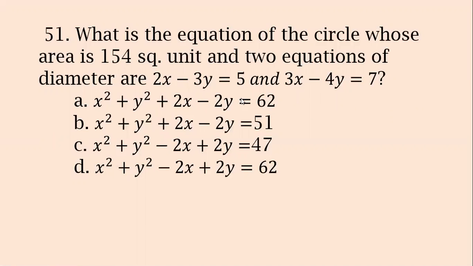So what can be done? The area is given, so from this area we can find out the radius, and if we can find out the radius, we should think for the center. So how can we find the center from these two diameters?